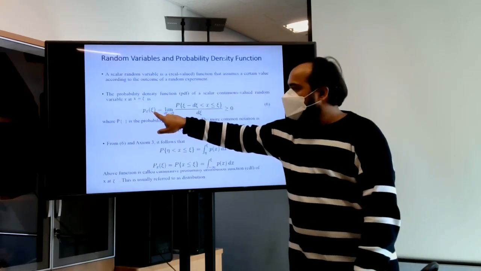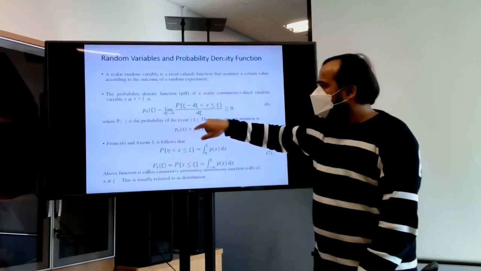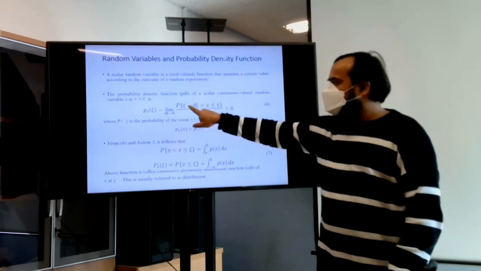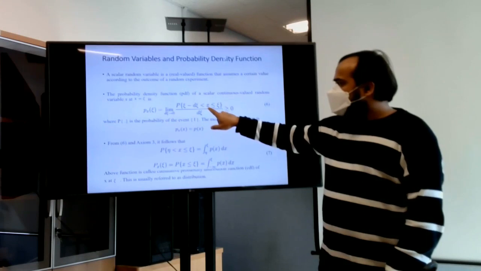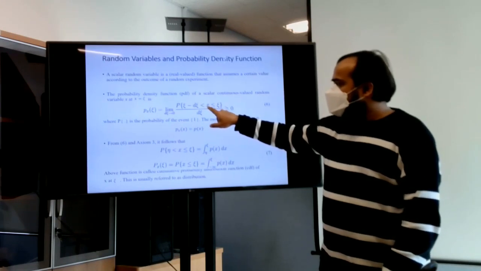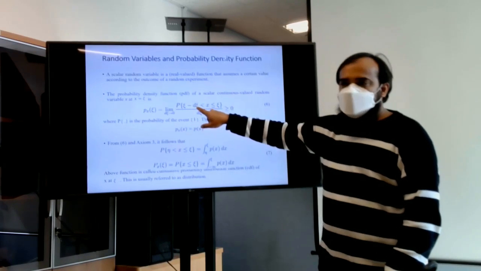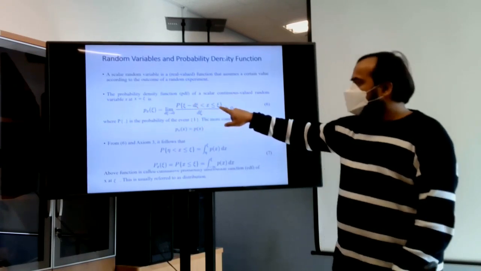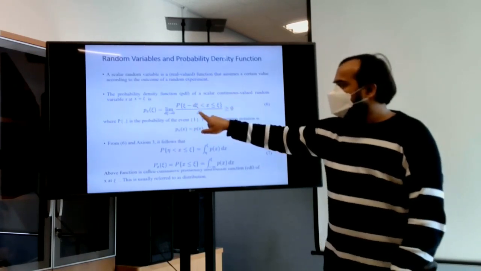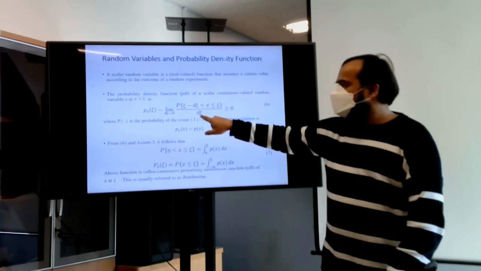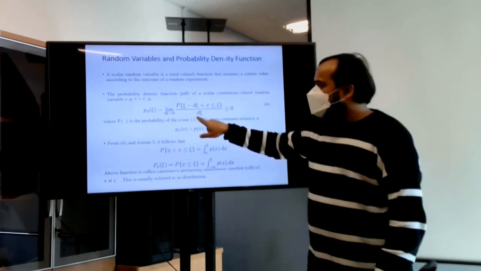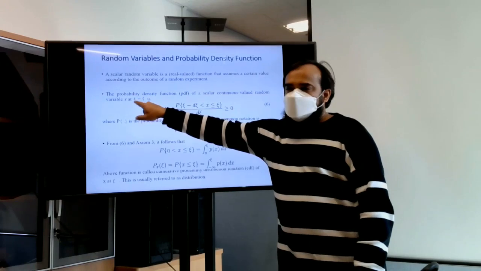So P of 2 is equal to the probability that x lies between this random variable and this random variable, divided by the difference, epsilon, where epsilon is included in the x.